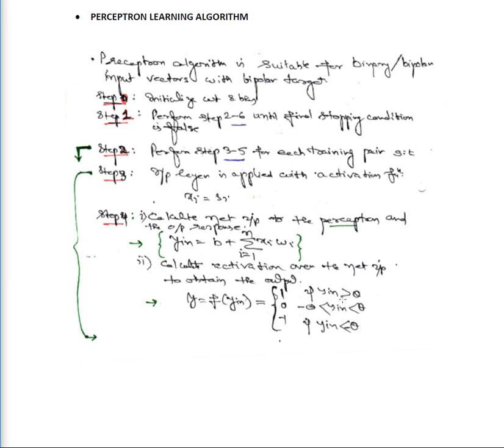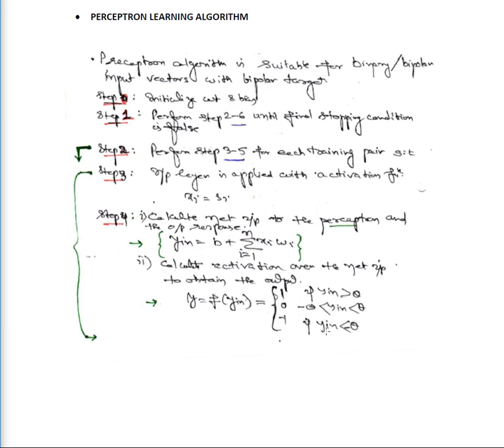The output is obtained based on y in greater than theta, y in less than minus theta, and minus theta less than y in less than theta. Under this range we are going to get this output y. You have to remember this one: this y in is a positive value here. If the positive value is there, then it will be in this range.